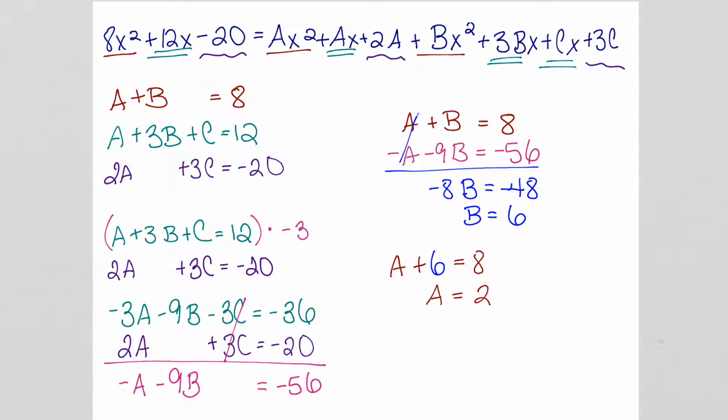And now we can find C using the last equation. So 2 times A, which is 2, plus 3C equals negative 20, and we just go through.